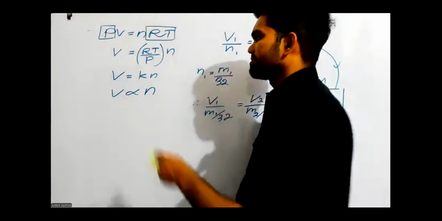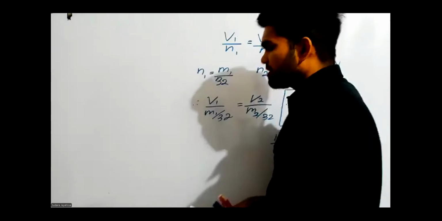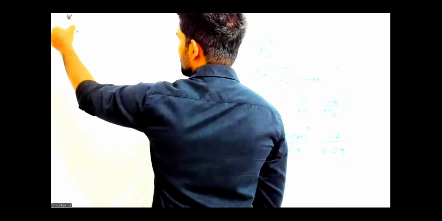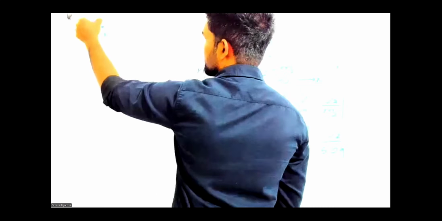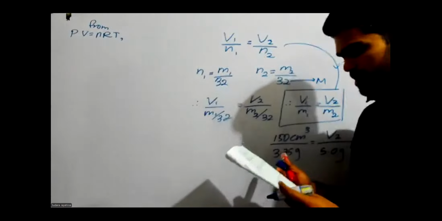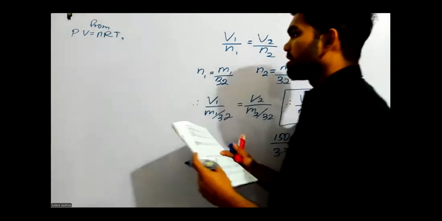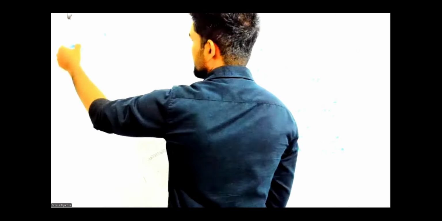So how do we do that? Simply write PV equal nRT and apply it two times. From PV equal nRT, you can say pressure is a constant value now.